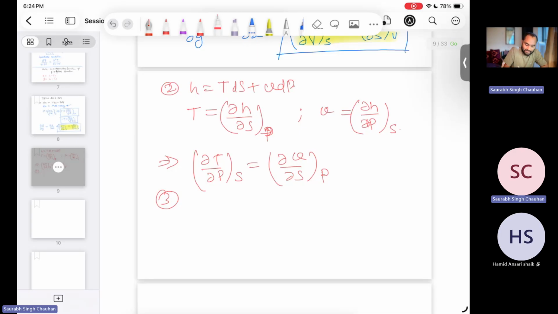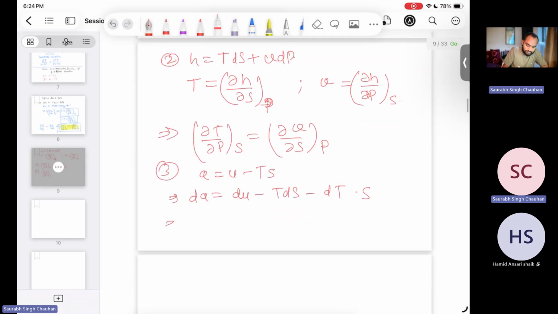Let me write once: A is equal to u minus TS, and if you write the derivative, you'll get dA is equal to du minus TdS minus S dT.